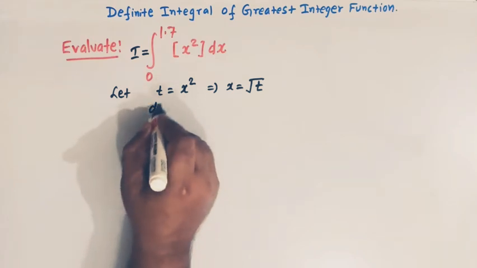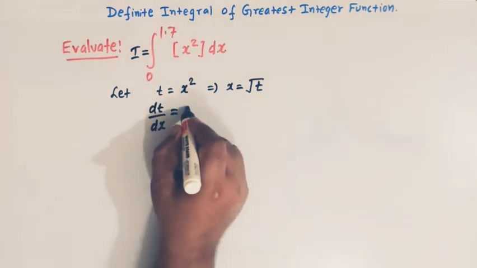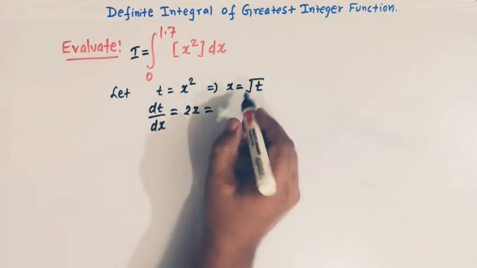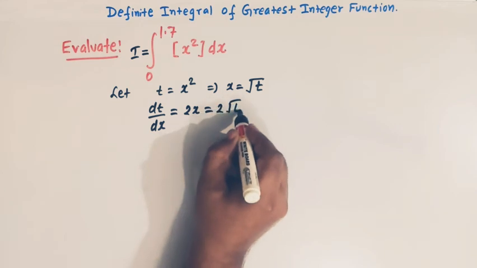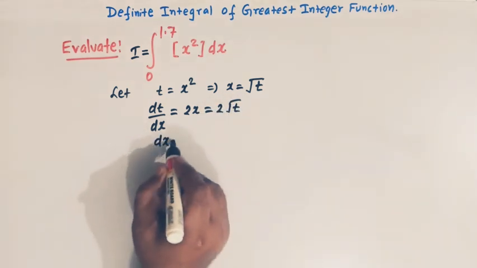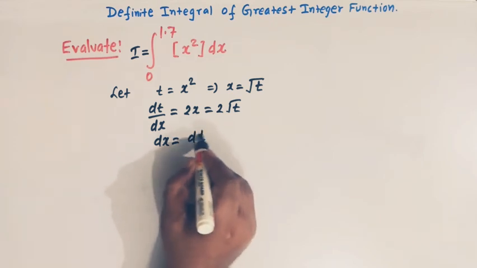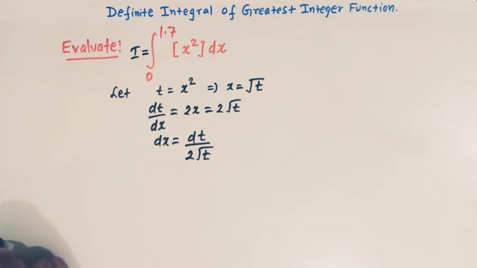So now dt over dx is equal to 2x, and x is replaced by square root of t, so here we have 2 times square root of t. So now dx can be written as dt over 2 times square root of t, right?